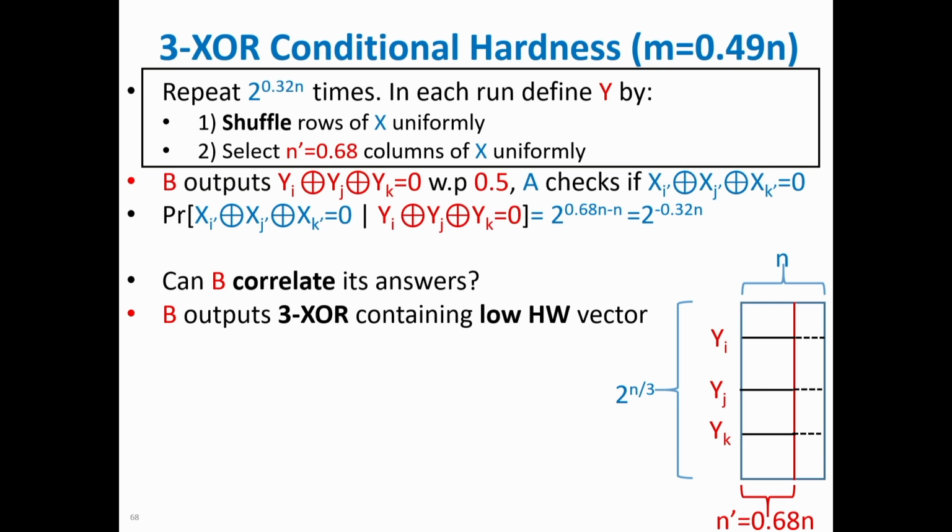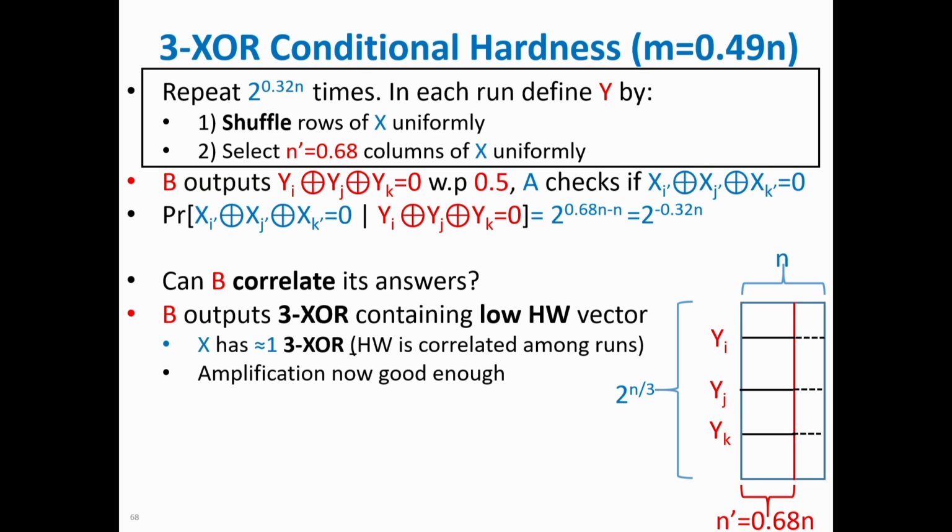So it's not very important, but in any case, it's not sufficient randomization, and we need stronger randomization here to fool B.